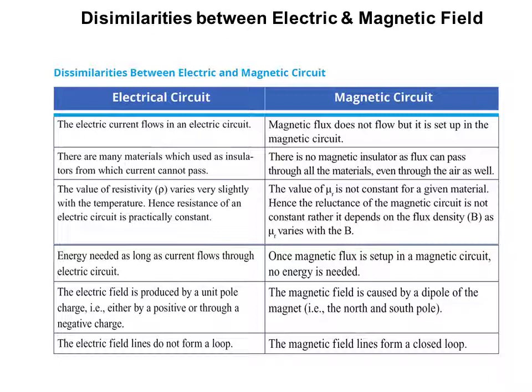Electric current flows in an electric circuit, whereas magnetic flux does not flow but is set up in the magnetic circuit. There are many materials used as insulators through which current cannot pass, whereas there is no magnetic insulator, as flux can pass through all materials, even air.